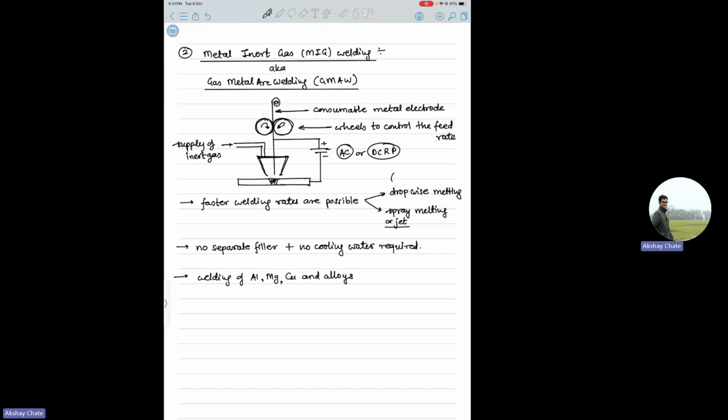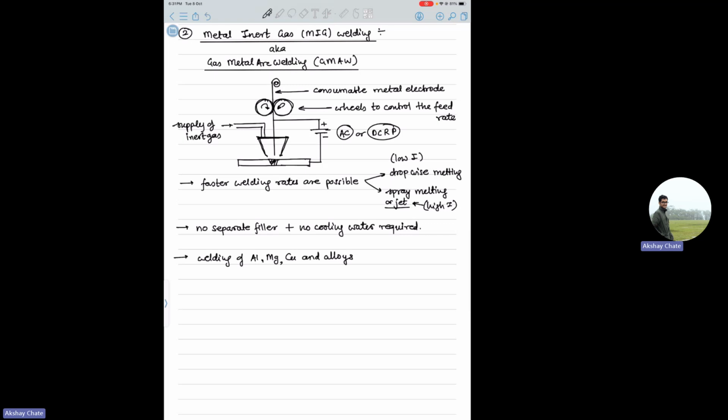So here you'll have low current. Here you'll have high current. I represents current. So depending on that, you'll have different mechanisms of liquid metal transfer from electrode to the weld pool. Okay, and as it is a consumable electrode, you can use it for higher thicknesses also.